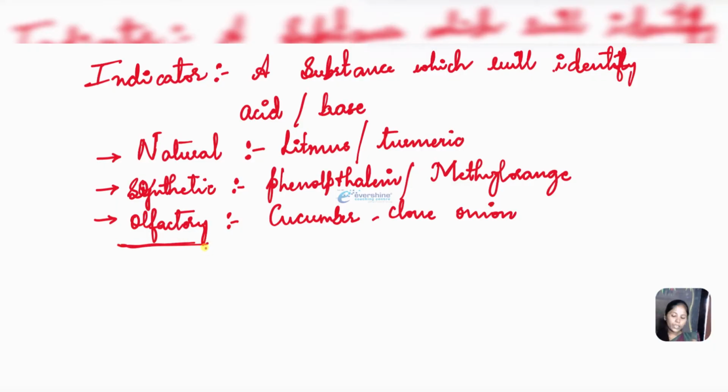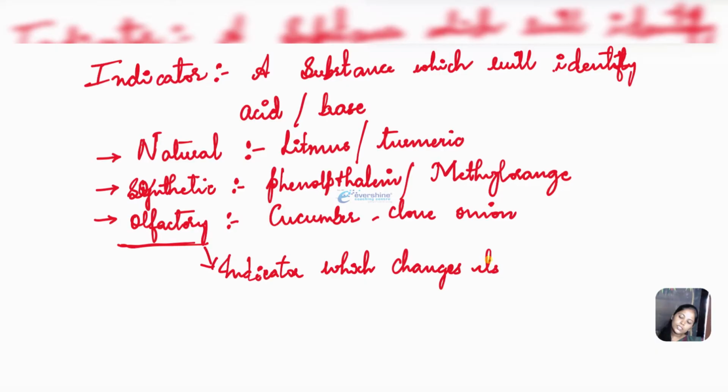And every time in exams I will ask what is olfactory indicator. What do you mean by olfactory indicator? Indicator which changes its smell in base are called olfactory indicator.